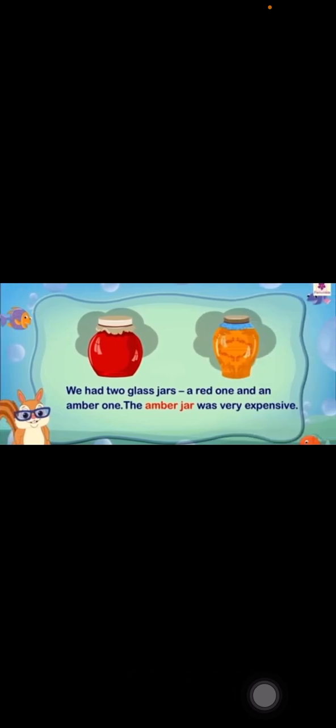For example: we had two glass jars, a red one and an amber one. The amber jar was very expensive. So the amber jar is particularly mentioned, specially mentioned. That's why we have to use the article here.